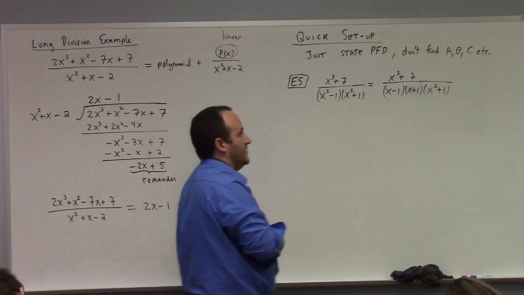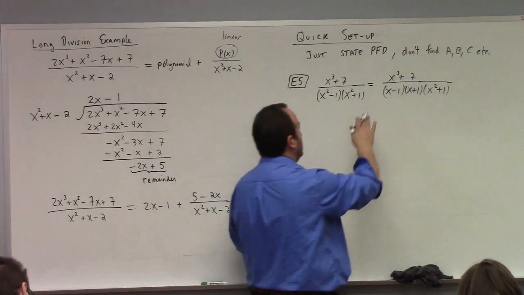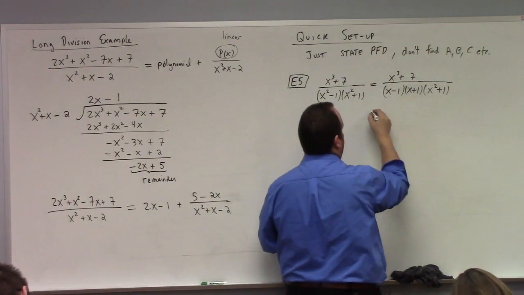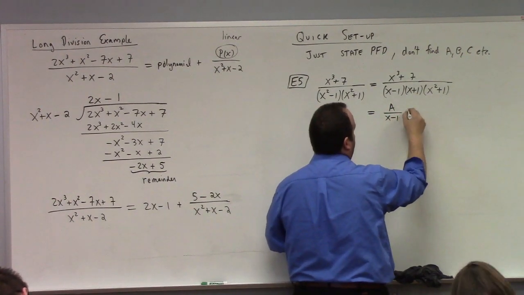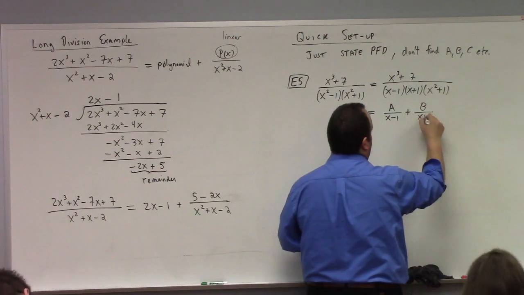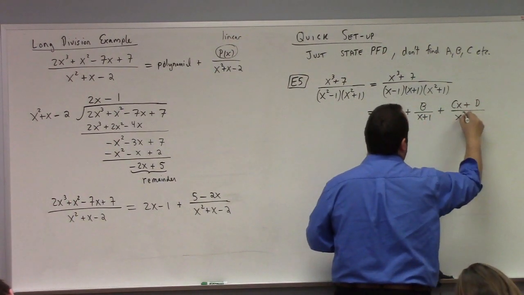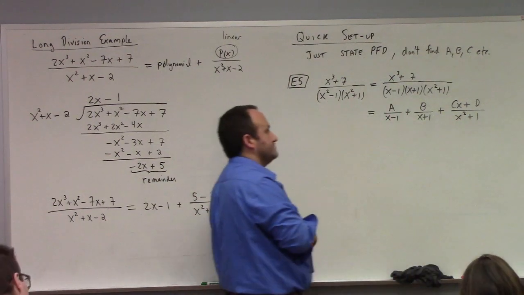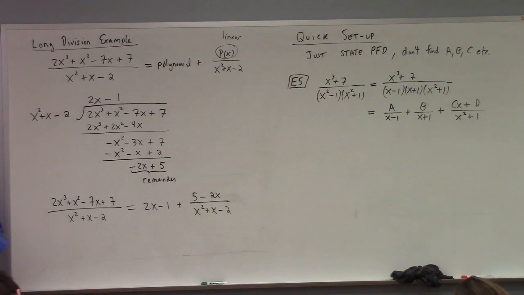Now, we haven't worked an example like this all the way through yet, but here's how the partial fractions goes through something like this. You just take a combination of what you've already done. So it's something like A over x minus 1 plus B over x plus 1 plus Cx plus D over x squared plus 1. That's how that would go.